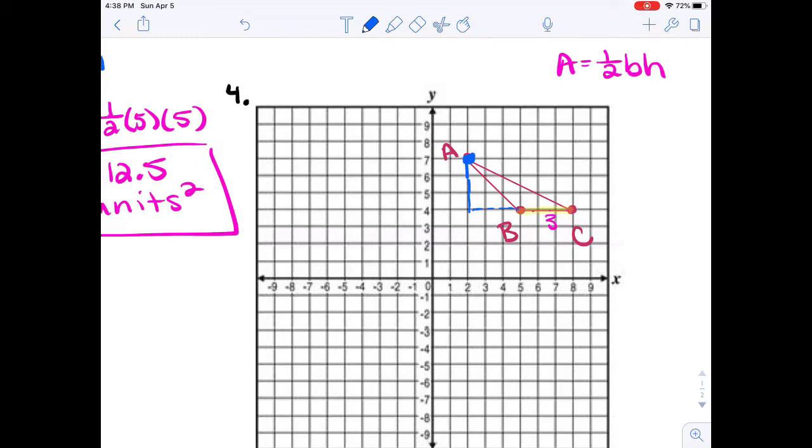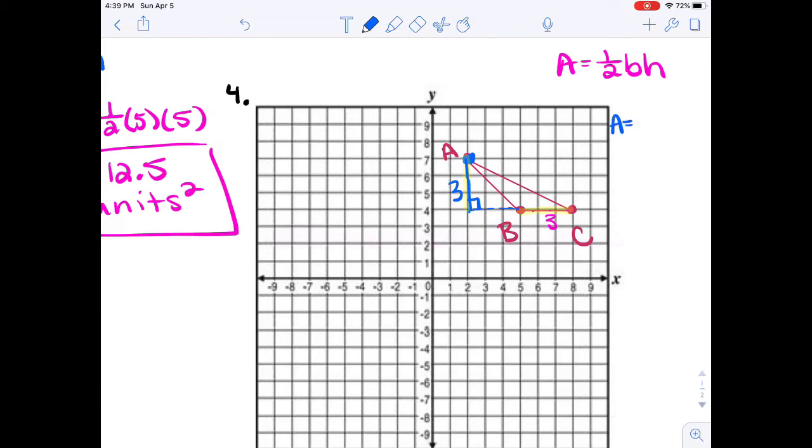So we need to figure out what is the height of the triangle. So essentially it would just be this distance here. So it looks like 1, 2, 3 units long. So if you ever have a triangle that looks like this, it's possible for the height to be outside the triangle. So that height that corresponds to that base is going to be 3 units long.